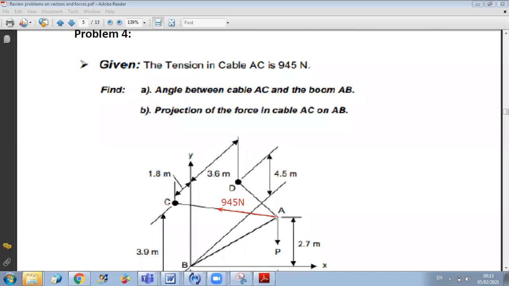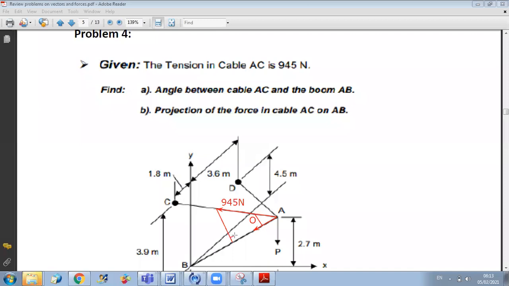If you remember, we have seen before together that for the projection, we can also use the dot product. But look here, they simplified the task for us. Why? Because they already asked for the angle, and since you have already found the angle theta, what will be the projection simply? What can you do now? If you want to project a vector on a line, it's a perpendicular projection.